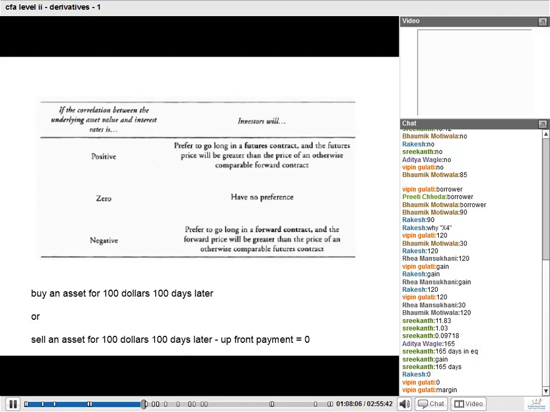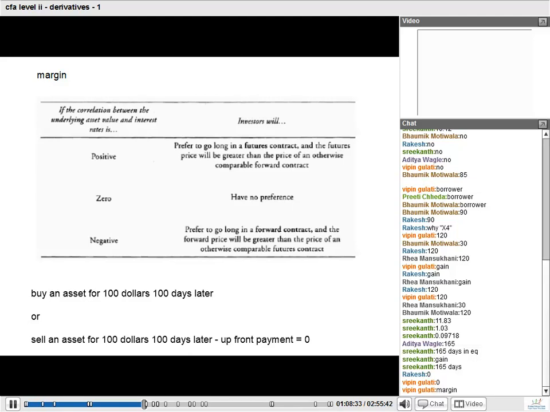So both the long party and the short party will have to pay some 20%, 25% of the contract value as margin money. Now the party who is in a loss will have to subsequently keep paying up more and more margin, such that there is very little risk that the counterparty can run away in the case of a default.